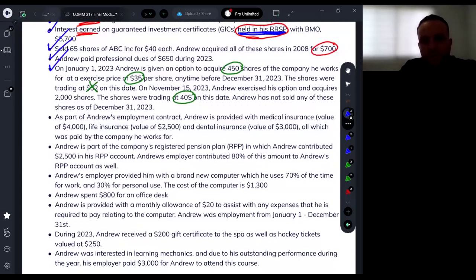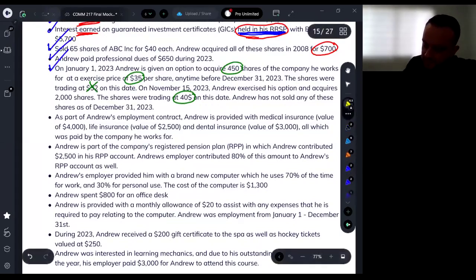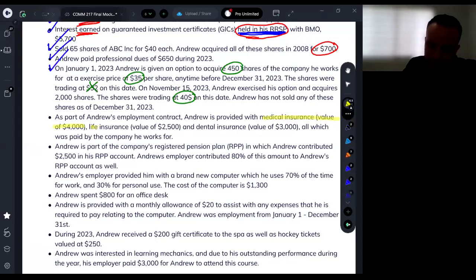As part of Andrew's employment contract, Andrew is provided with medical insurance, value of 4,000, life insurance, 2,500, and dental insurance, 3,000, all of which the company paid for. So how does it work over here? Some of these have no effect, but some of these have an effect.